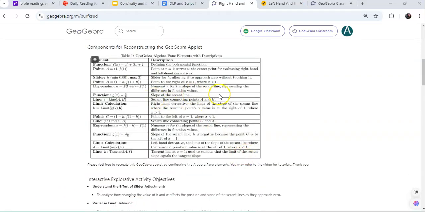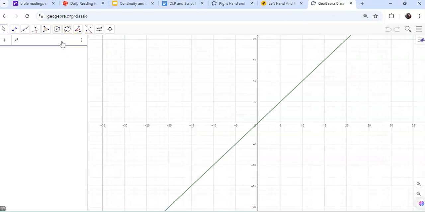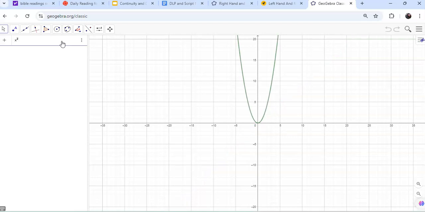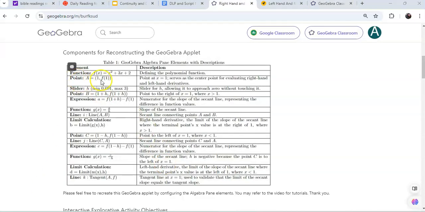First, we define the polynomial function. So we type x squared plus 3x plus 2. Next, we create a point by typing A = (1, f(1)).